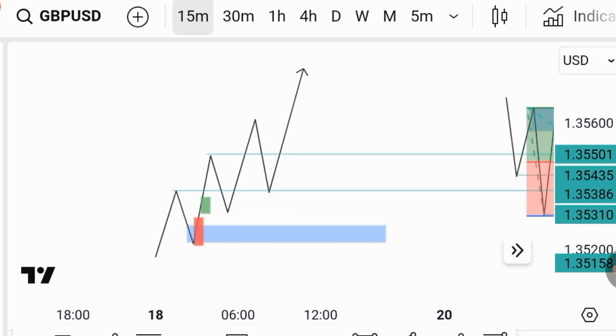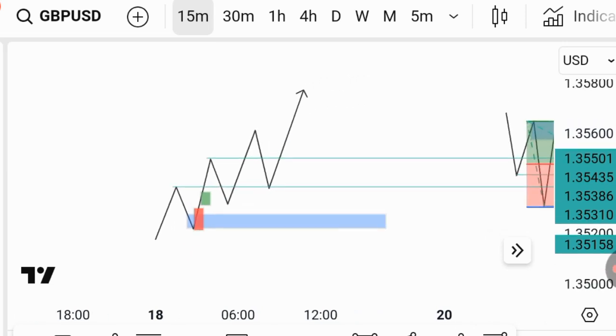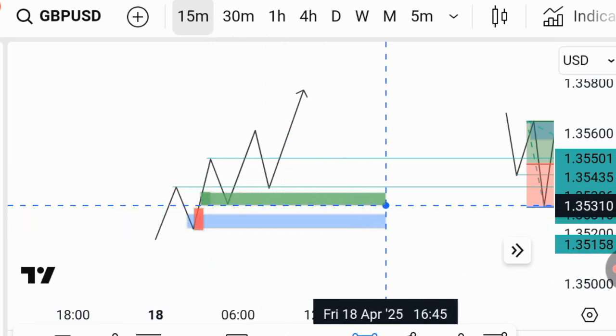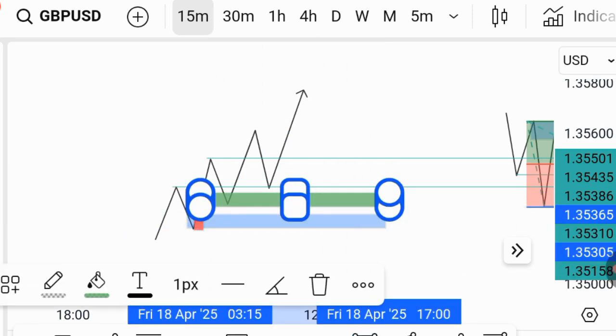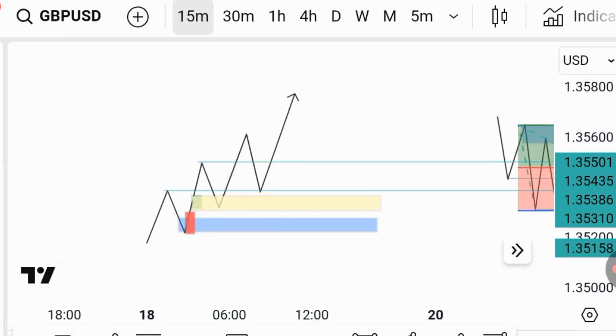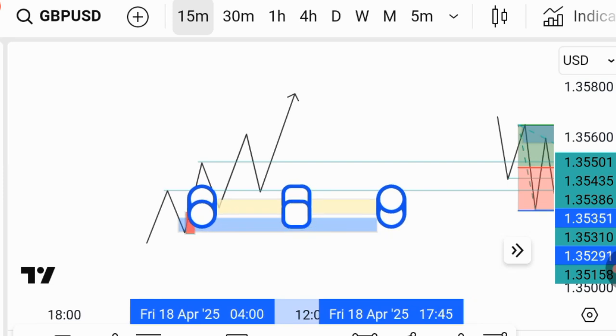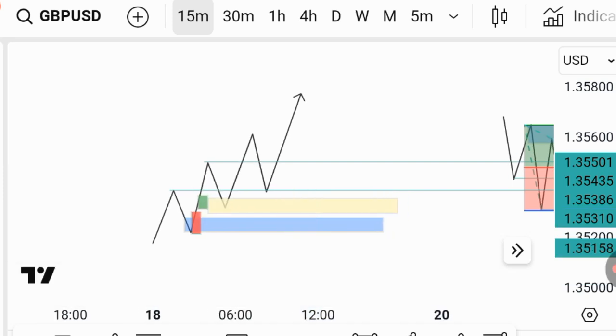So I color it separately, differently, so you could understand what I'm doing. Now you realize that price is either going to respect the order block or is going to respect the fair value gap.